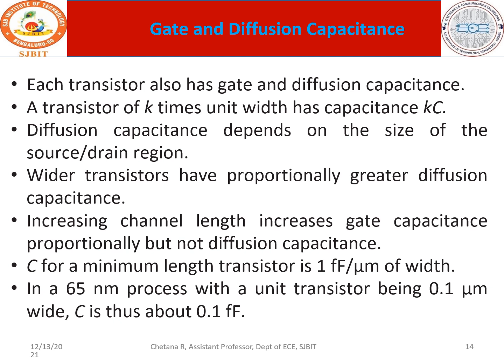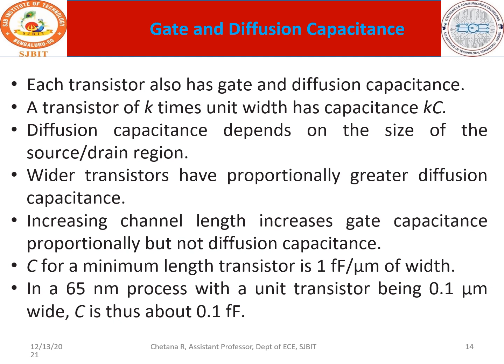Next, we need to understand gate and diffusion capacitance. Every transistor has gate capacitance and diffusion capacitance. Normally, for a transistor of K times unit width, the unit capacitance is multiplied by K. Similarly, diffusion capacitance depends on the size of the source or drain region.